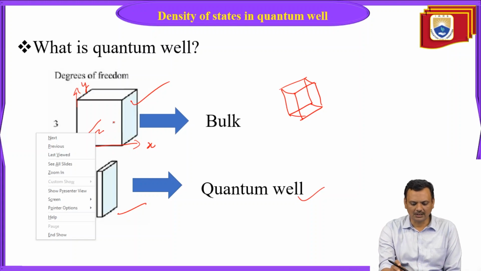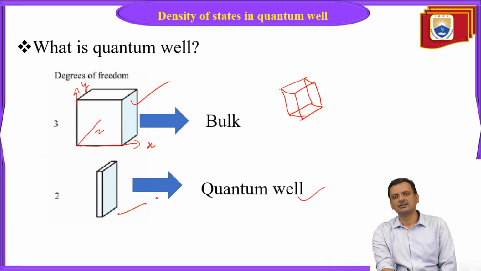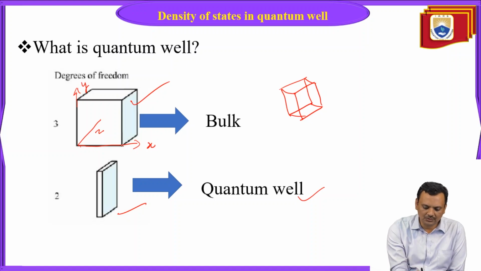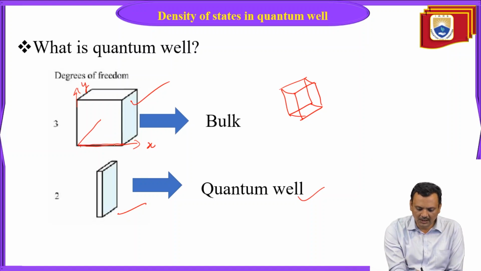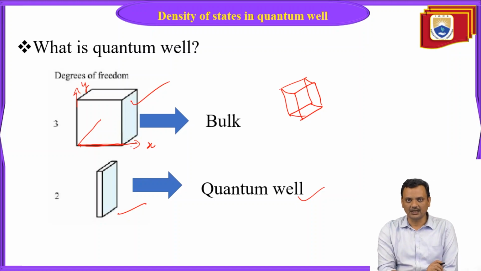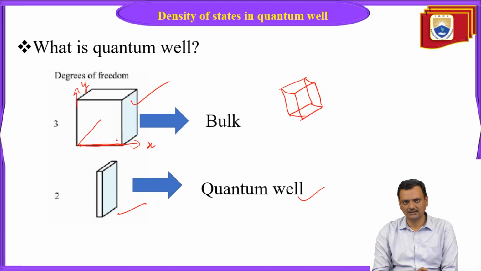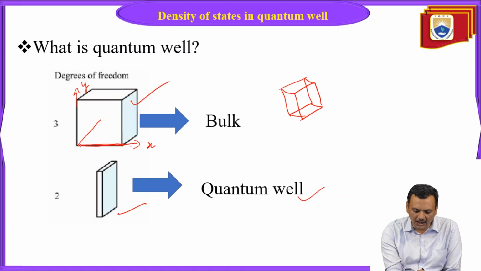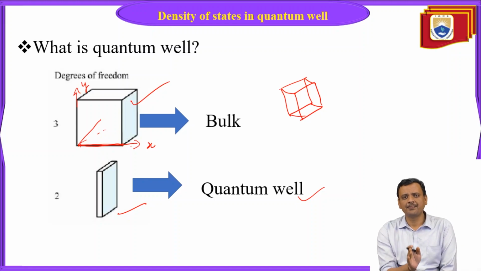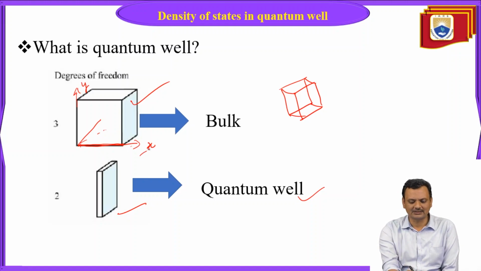So for getting the quantum well structure, you restrict the growth of this crystal structure along the x direction. You confine this crystal structure in the x direction. Whatever free electron is available inside this crystal structure, if you restrict the growth in the x direction, that particle cannot move in the x direction.